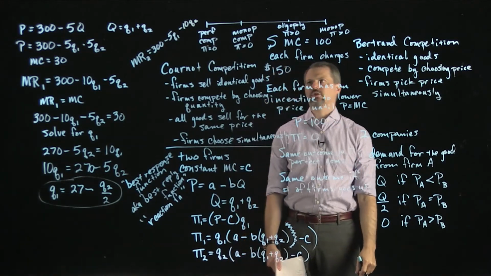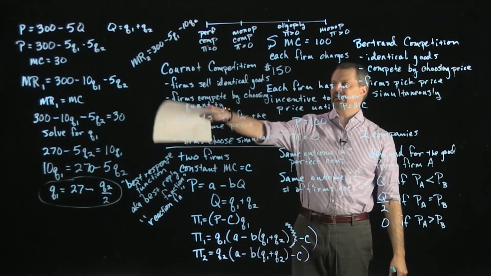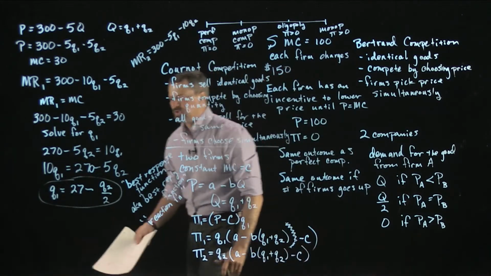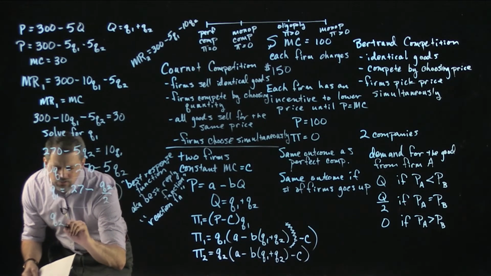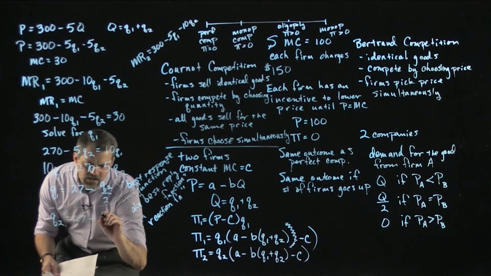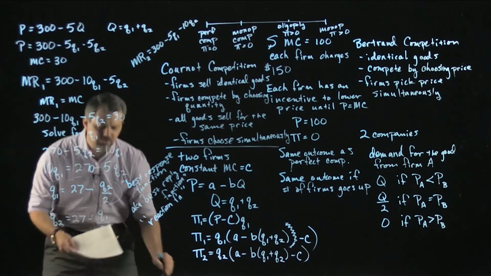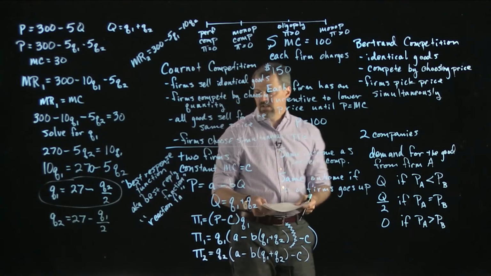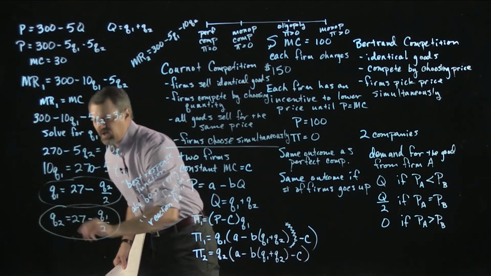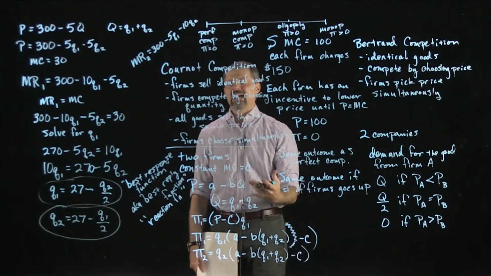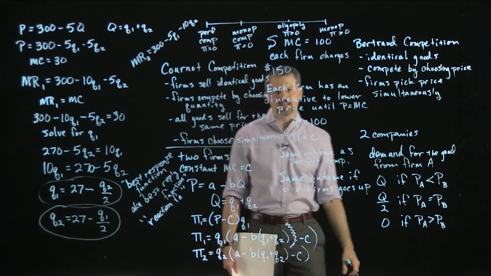There's the marginal revenue curve for firm 2. Set that equal to marginal cost, and you will get something that looks just like this. Q2 is equal to 27 minus Q1 over 2. That is firm 2's best response function, reaction function, to what firm 1 does.